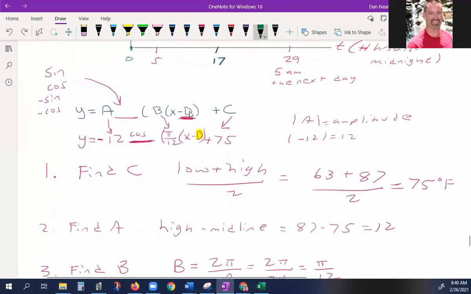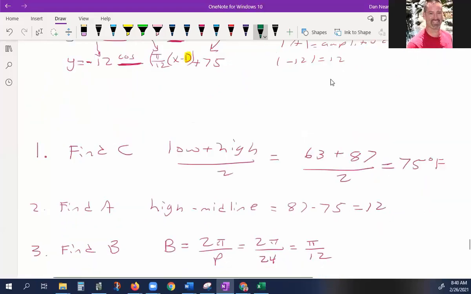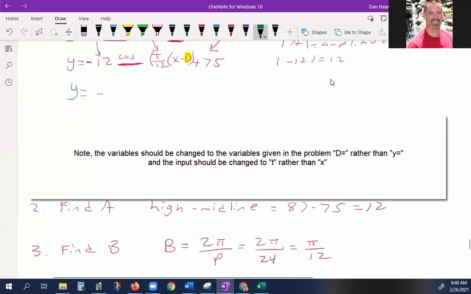So that being said, I would just put a 5 there for D, and my full model would be y equals negative 12 cosine pi over 12. D is 5. If you remember correctly, subtracting on the inside of the parentheses moves to the right. And this would be one correct way of writing the problem.